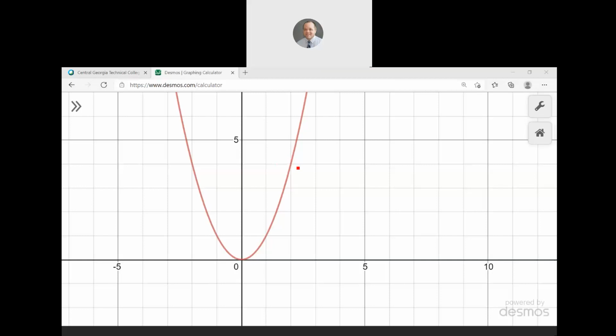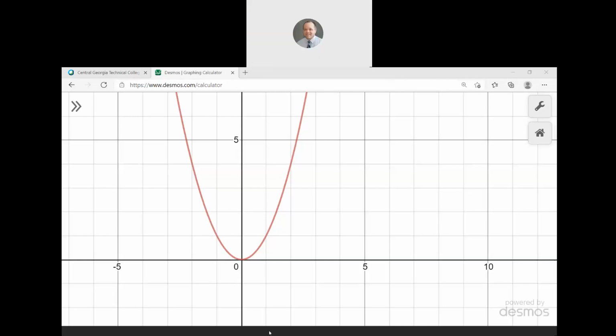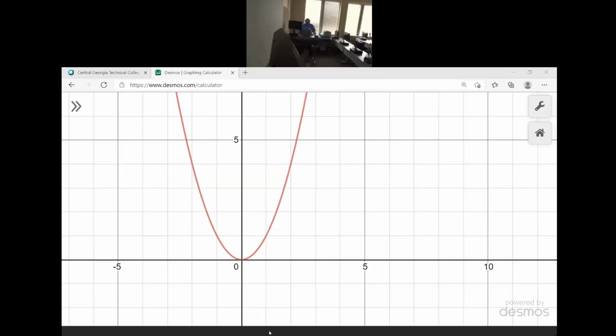So between -2 and 1, we have 0. It says the absolute minimum occurs at 0. And an absolute maximum point occurs at -2.